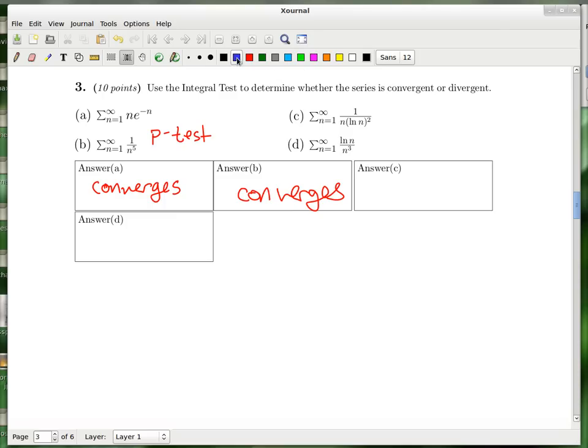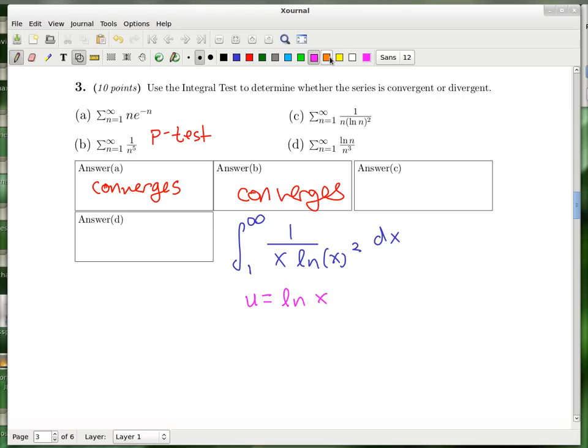Okay, and number C is a little bit challenging, but you should be familiar with these two. So just set it up: 1 over x, and now I've got natural log of x squared dx. So how do you do that one, smart guy? It's u substitution with u equals natural log of x.